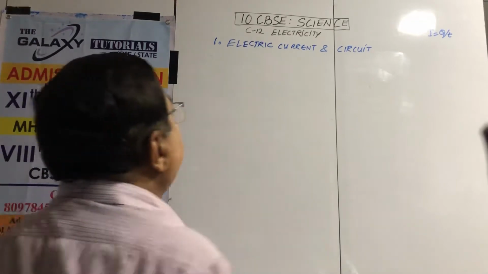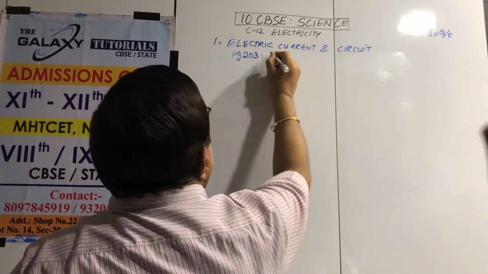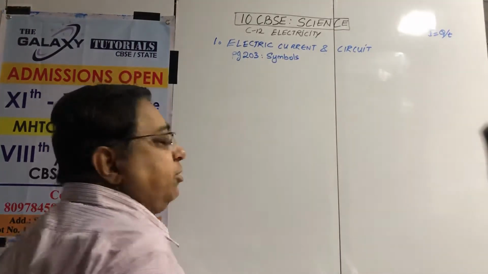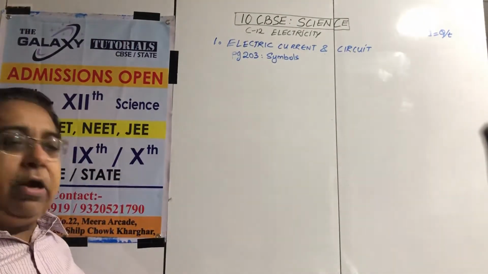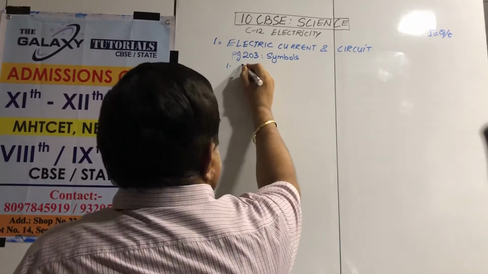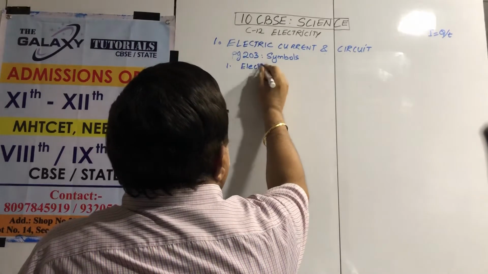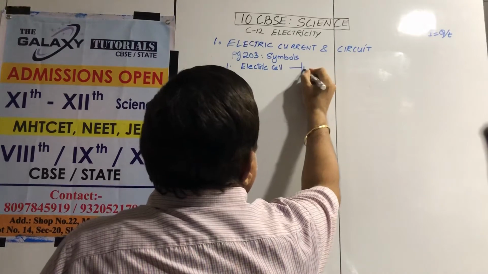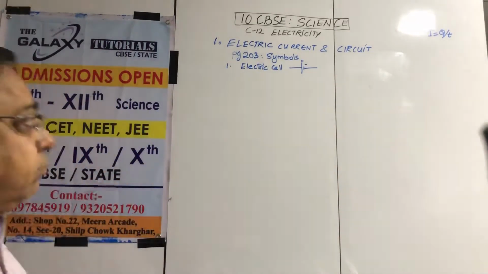Page number 203 of the textbook shows you standard symbols. We cannot change the symbols. The symbols have to be used, they're standardized across the world. So first, a cell, an electric cell, not a jail cell, an electric cell. We show it with a positive and a negative, like this.